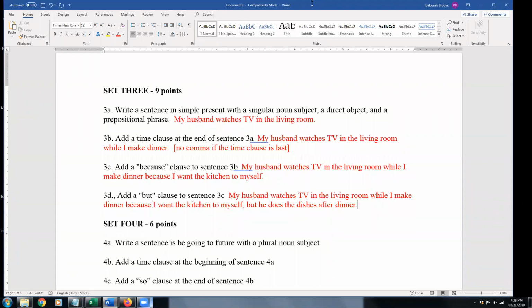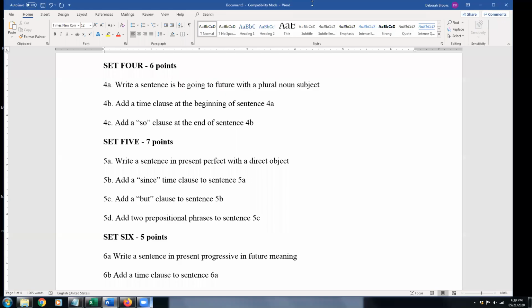Okay, so I'm going to pause. Step 4, write a sentence in be going to future with a plural noun subject. So again, a plural noun, not a pronoun, but a noun. So be going to future.